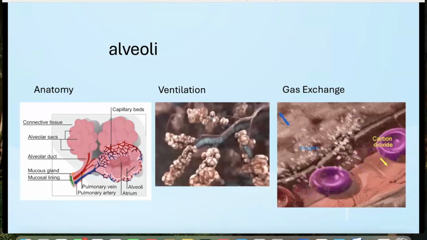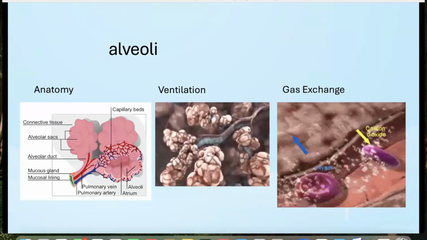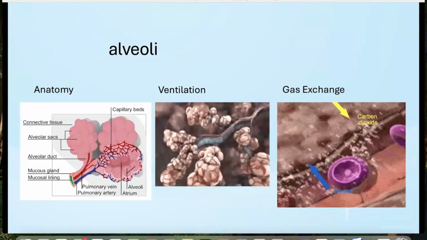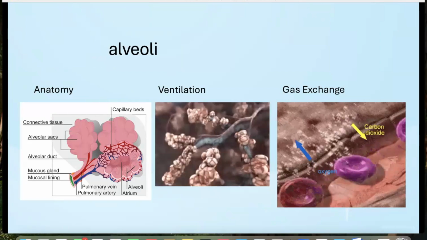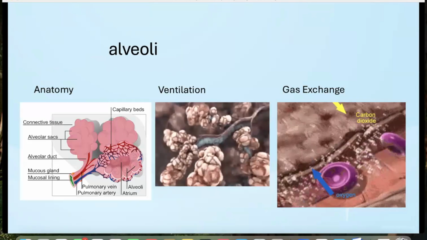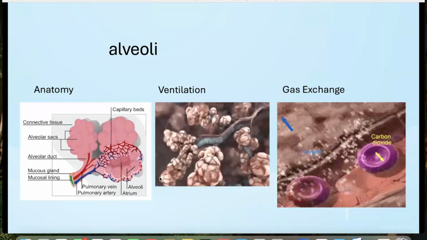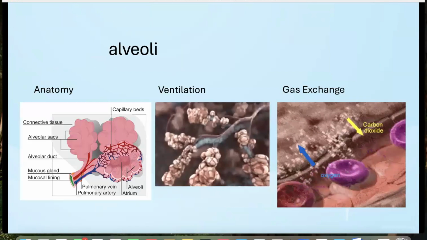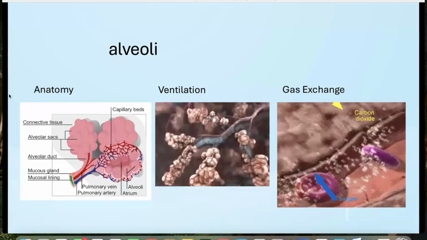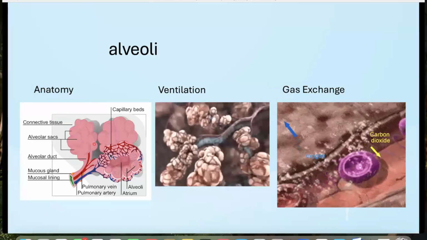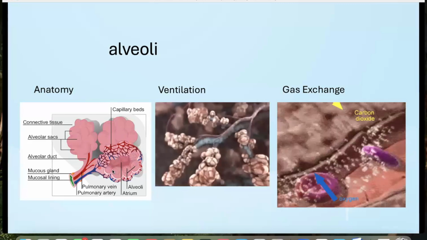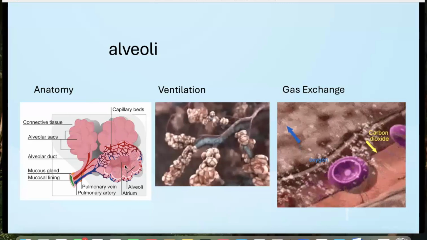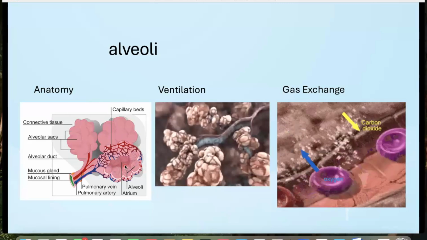Now we get down into the alveoli. And if you remember, the alveoli are basically very small air sacs. They look almost like grapes that expand and contract with every breath. As you can see on the outside here, we've got the very dense capillary membrane, et cetera, and that really is what does the majority of the work.